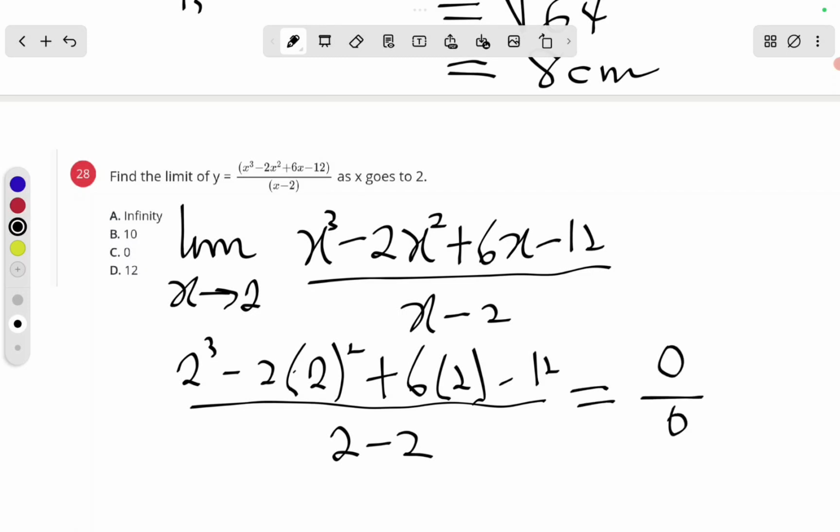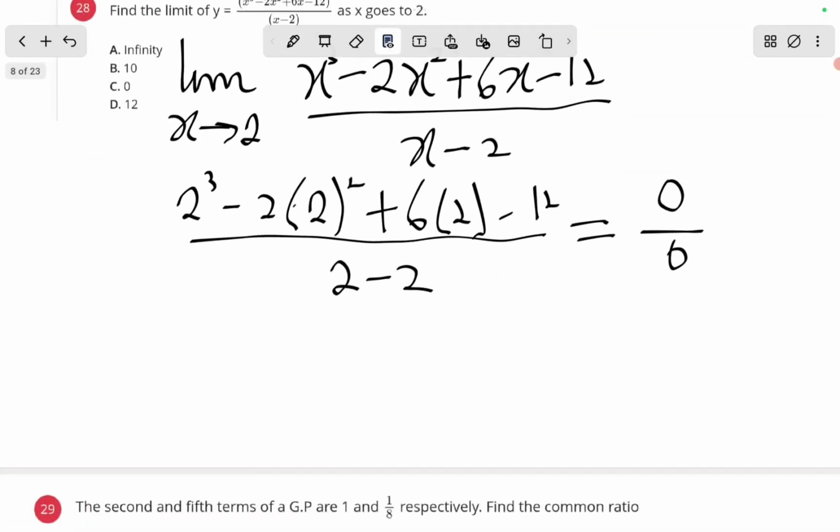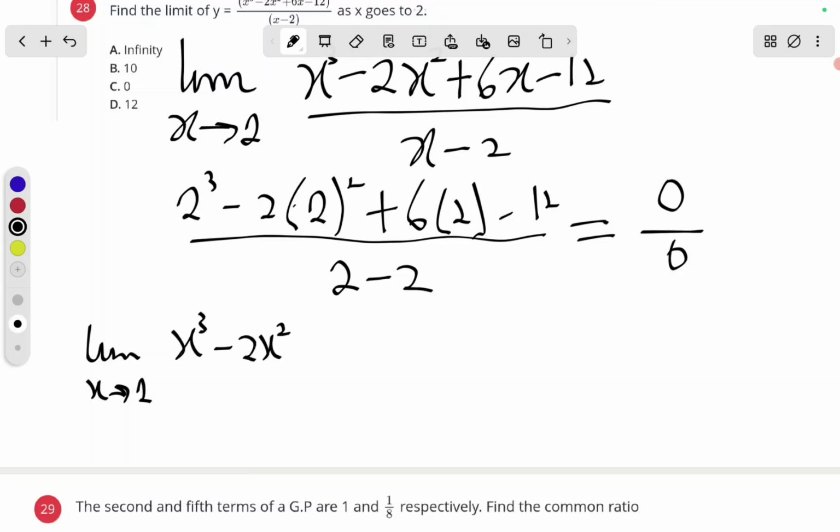And whenever you have 0 over 0 in a limit, it means that they have something in common. So we have to try to factorize what they have in common. By doing that, I have to rewrite this as the limit as x approaches 2 of x cubed minus 2x squared plus 6x minus 12 over x minus 2.